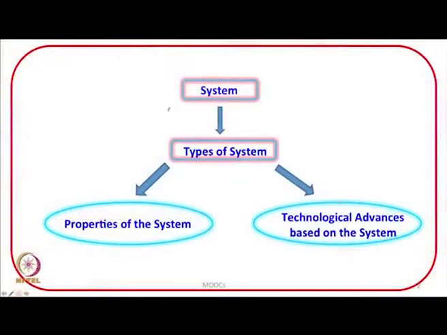We started with the definition of system. System is the most important part of the universe because it is the system in which we are interested. And then we went on describing the various types of system: open system, closed system, insulated system.